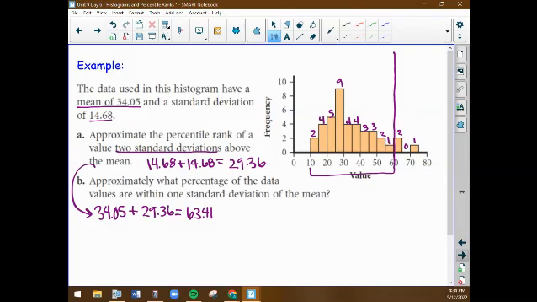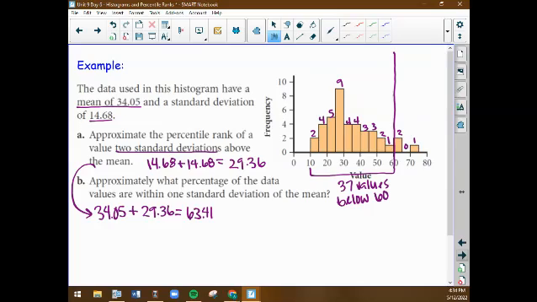I have to add up 2 plus 4 plus 5 plus 9 plus 4 plus 4 plus 3 plus 3 plus 2 plus 1. There are 37 data values below the 60. I'm just estimating 60 because I don't want to try to split that in half, so I'm giving my best estimation.